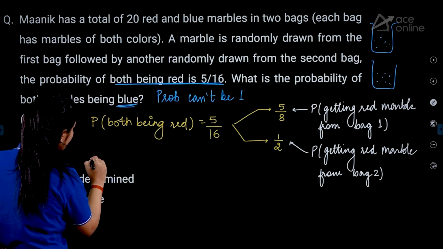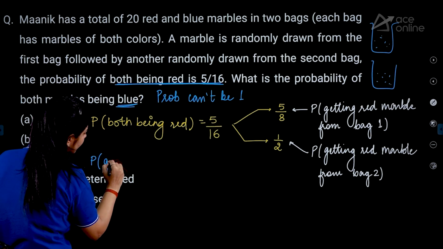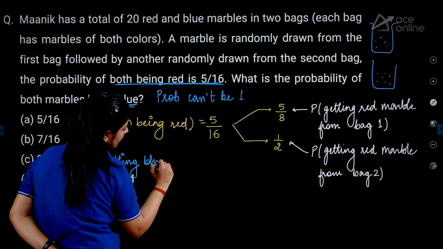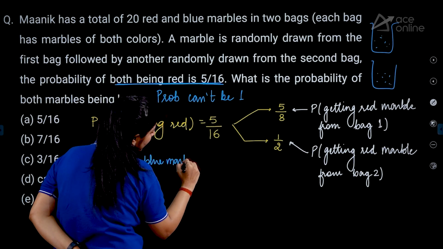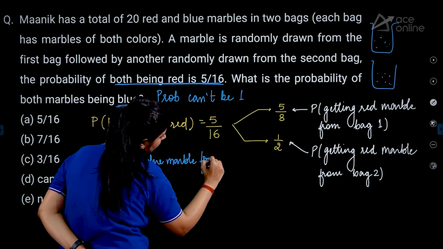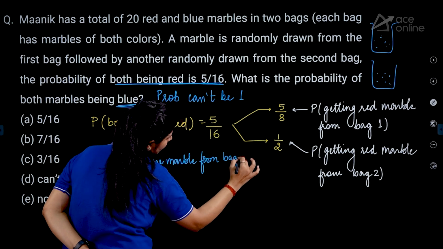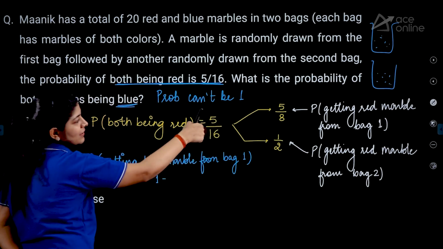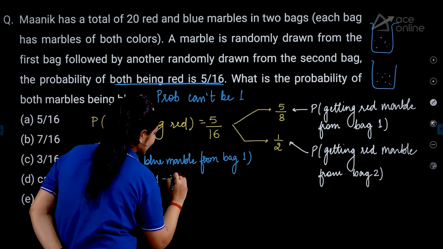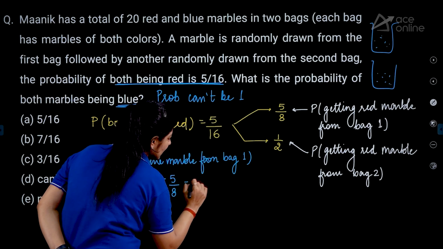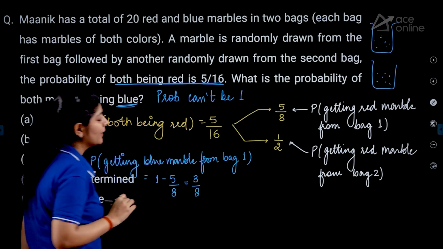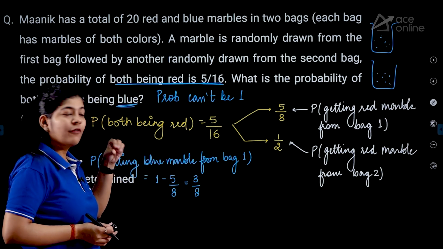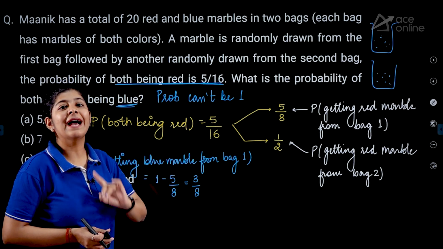The probability of getting a blue marble from bag 1 is calculated by 1 minus the thing that we don't want, that is 5 by 8. That means the probability is 3 by 8. So this is the probability of getting a blue marble from bag 1 only.